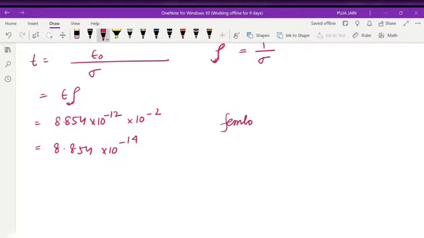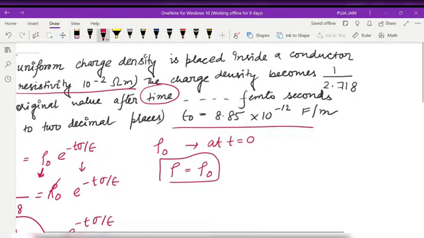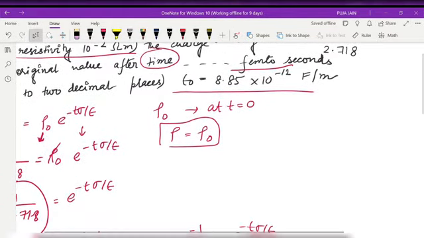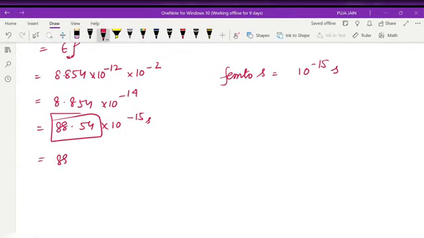Femtoseconds means 10 to the minus 15 seconds. So if we convert this into 10 to the minus 15, this will be 88.54. They have already said femtoseconds, so this value is 88.54 femtoseconds.